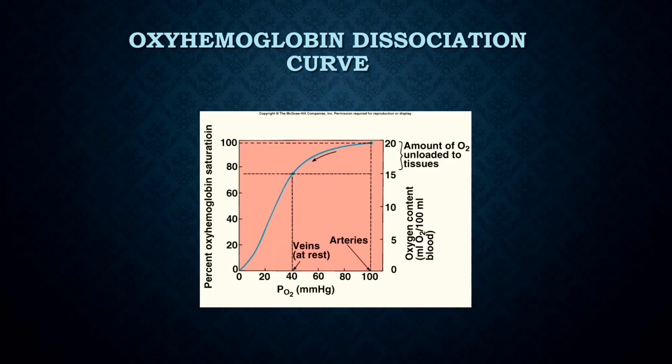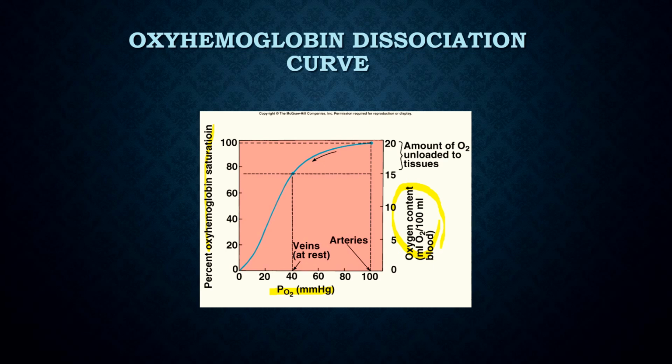And so what we have here is a graphic illustration of percent of oxyhemoglobin that's saturated at different levels of partial pressure of oxygen. Okay, so here on the graph then what we have is percent of oxyhemoglobin saturation and then partial pressure of oxygen on the x-axis. And then here is the volume of oxygen content per 100 milliliters of blood.